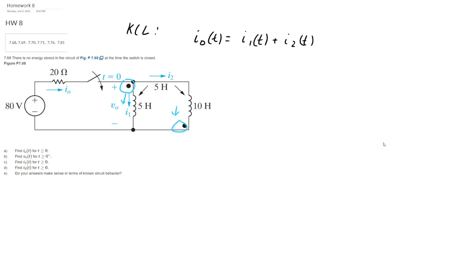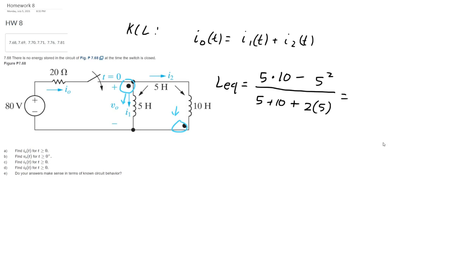The way we'll do that, say L_eq is going to be L1, which is 5 henry, times L2, which is 10 henry, minus the mutual inductance, which is 5 squared, divided by L1 plus L2. This is the part that's a little bit confusing. Whenever you have opposite dots, it will add at the bottom: it'll be 2 times whatever M is. Simplifying this expression, we get 1 henry as the equivalent inductance.